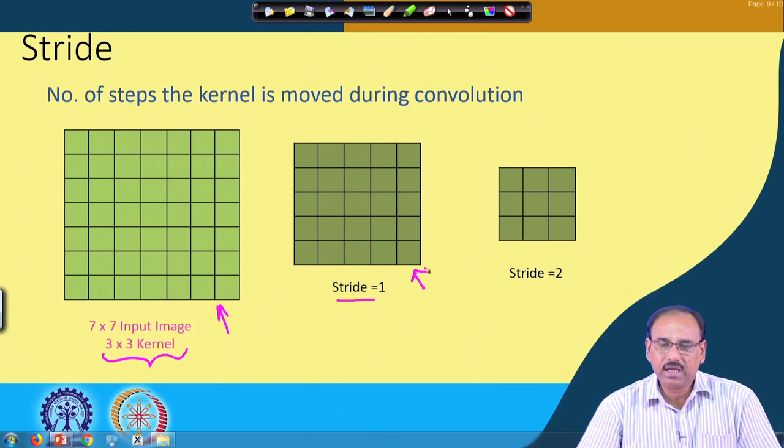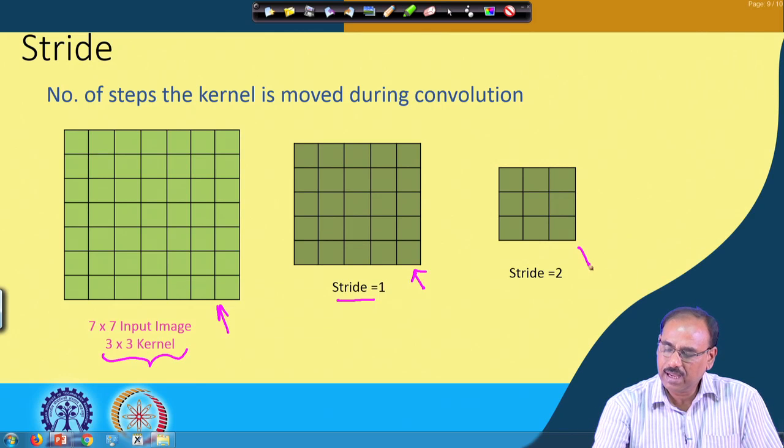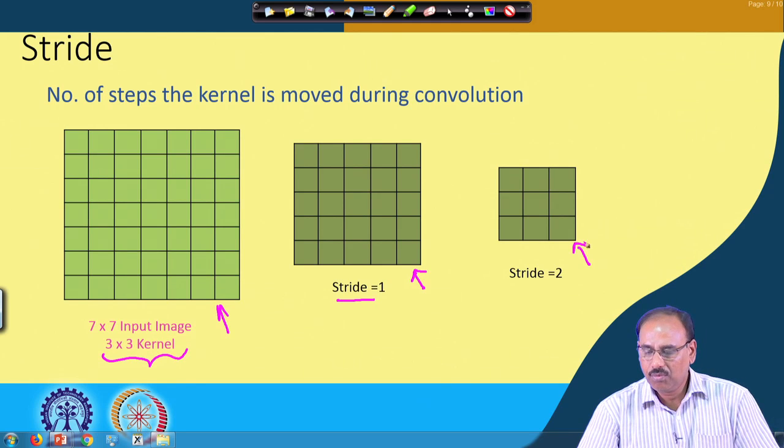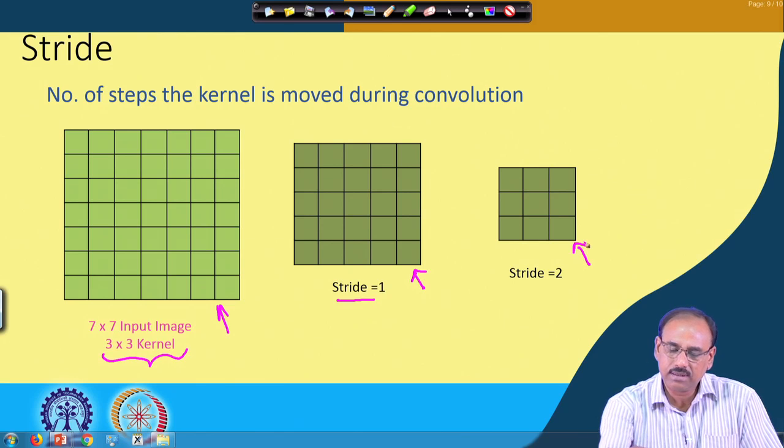Whereas, if I perform the same convolution with stride equal to 2, then my output or the feature map will be of size 3 by 3. So, the larger the stride is, the smaller the feature map that you get.